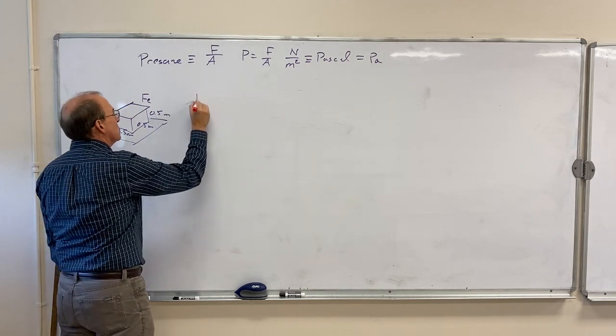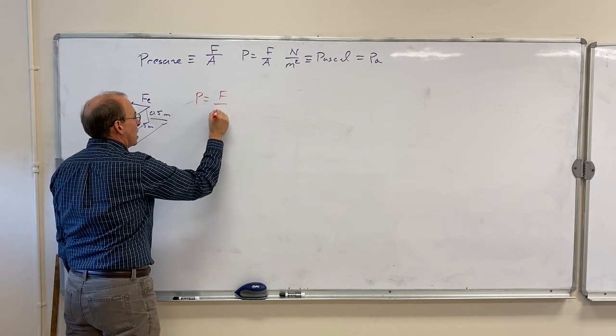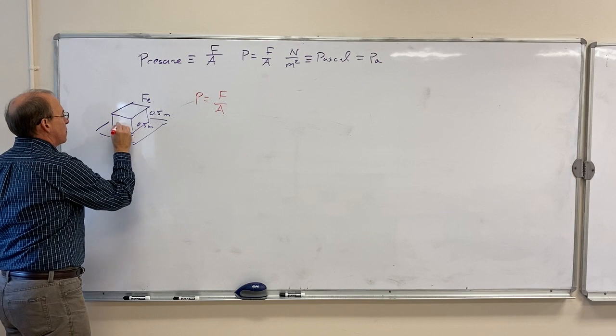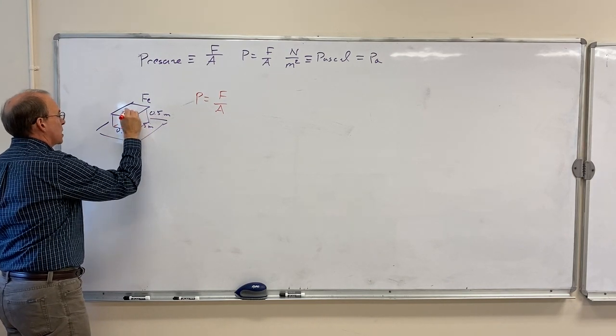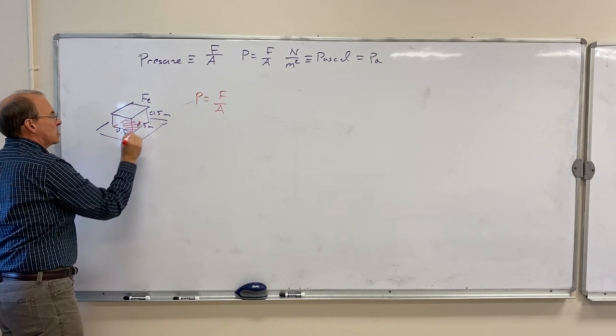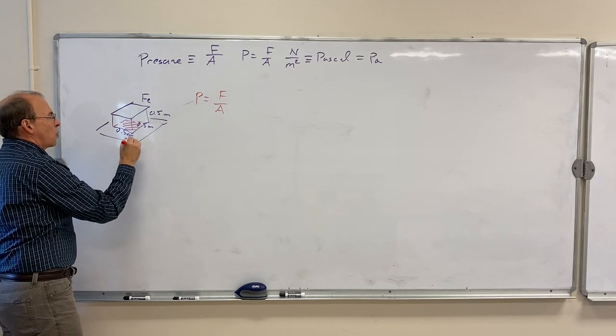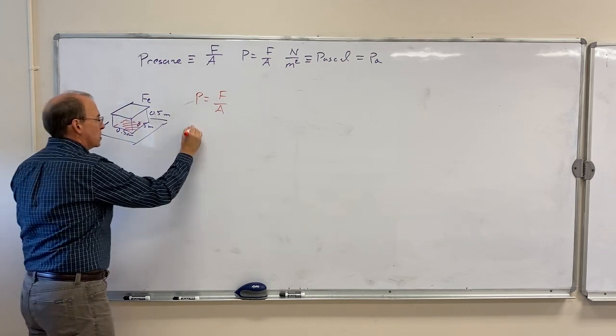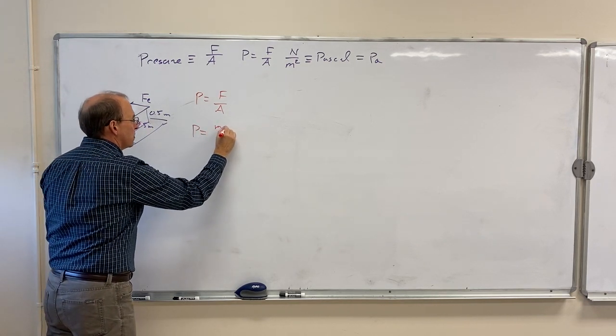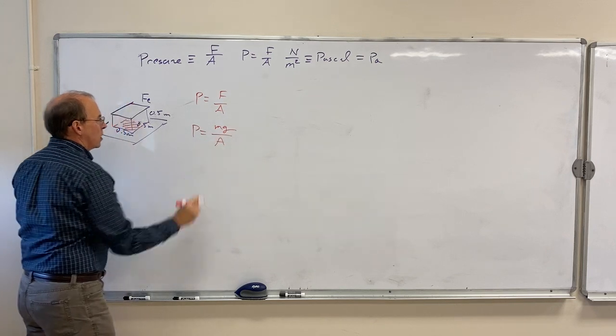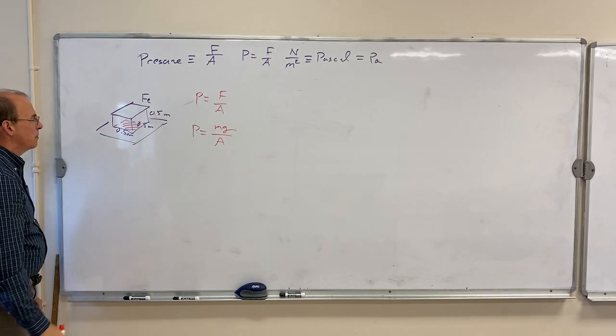Well, the pressure is its force over area. Well, what force? The force down at the area of contact. So that's the area down here, and the force is just the weight of the iron. So the pressure will be the weight of the iron over the area where they're in contact there.